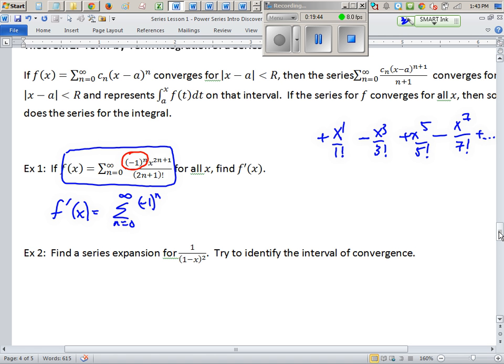So he survives the derivative. What happens when you take the derivative of x to the 2n plus 1? First you bring down the what? You bring down the 2n plus 1. And then you take away a power. Now it's just 2n. Good. And the bottom is 2n plus 1 factorial, also known as 2n plus 1 times n factorial.